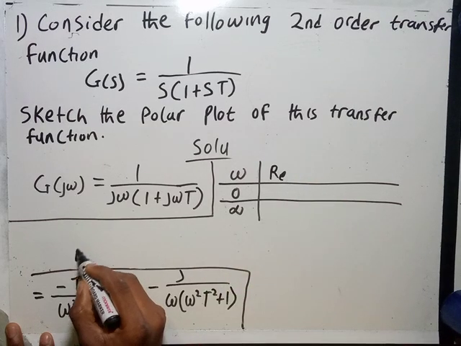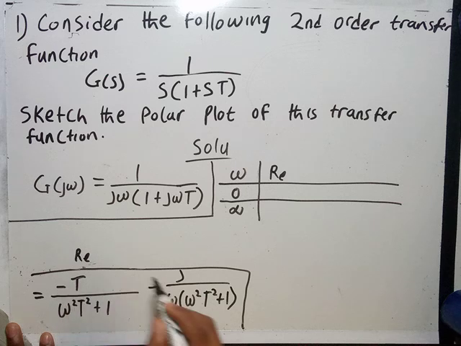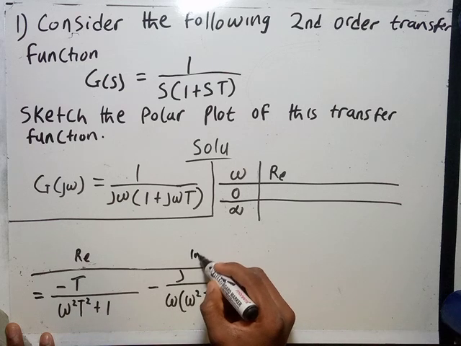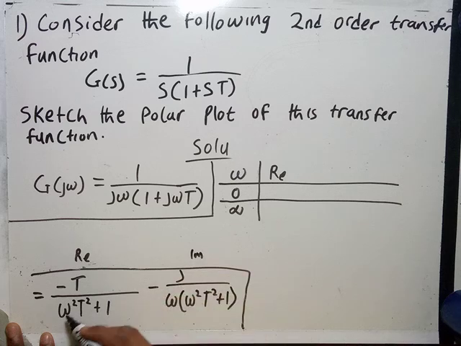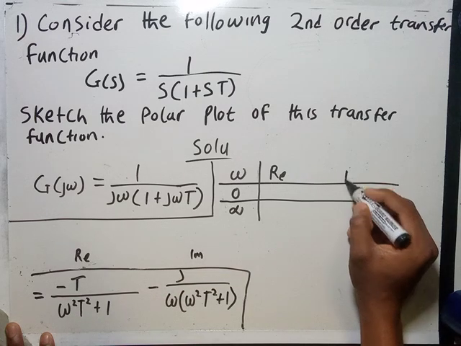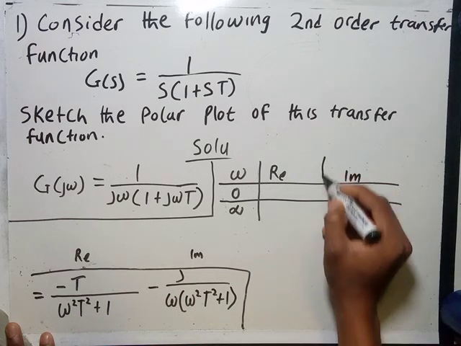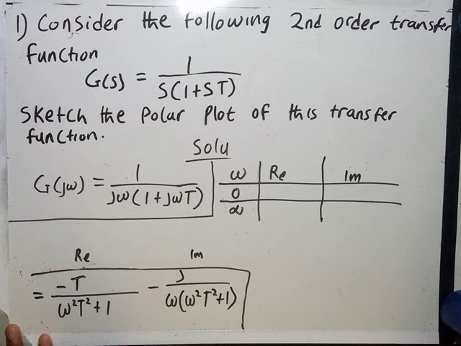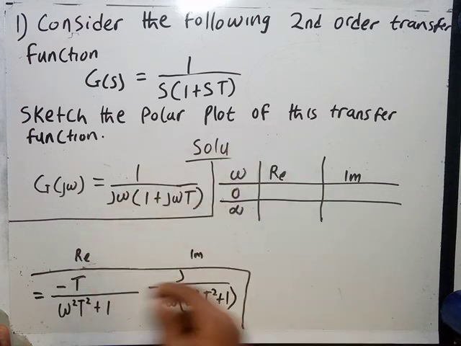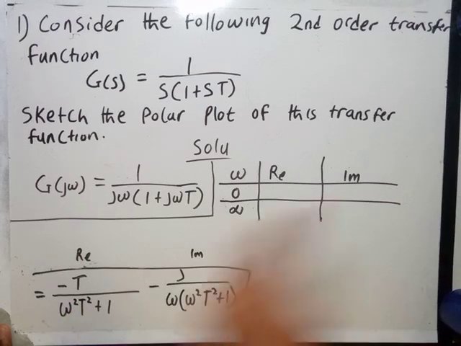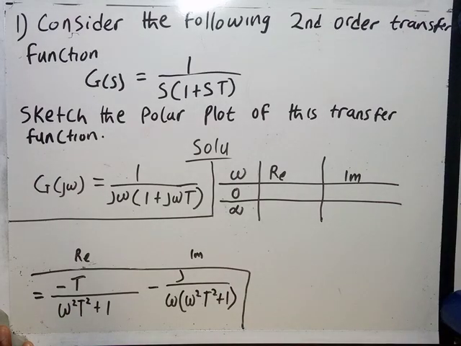Remember, this is our real value, the one that doesn't have j, and this is our imaginary value. For our real value, we're going to be inputting w into it to get our values, and likewise for the imaginary. This is what we're going to use to plot our graph. The polar plot of a transfer function normally ranges from 0 to infinity. There's nothing like minus infinity in this case. That's what we are interested in.